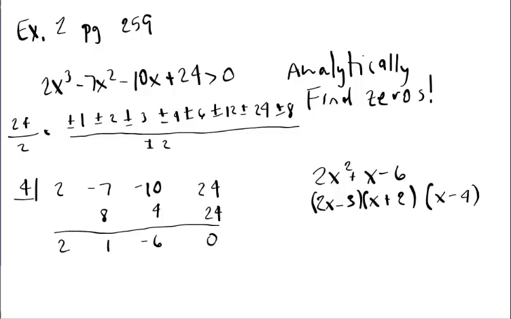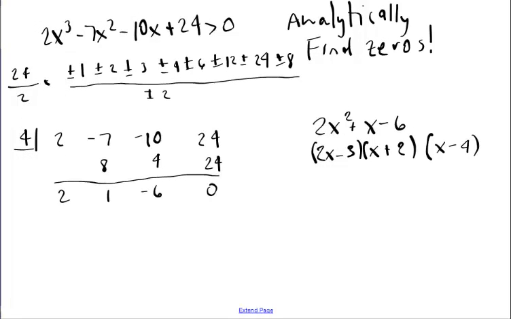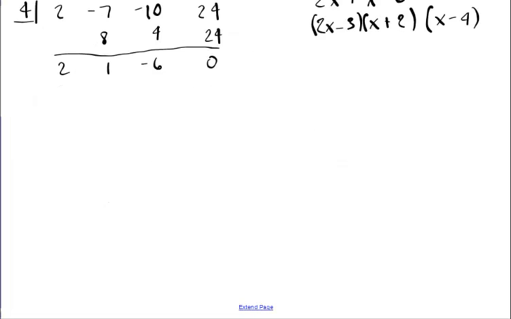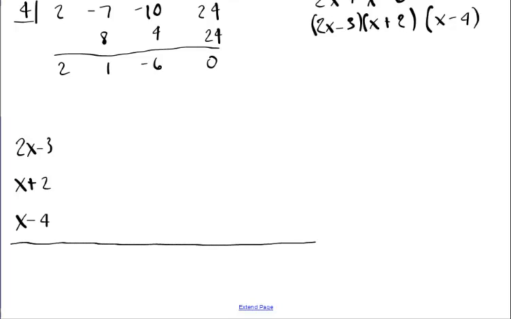So here are my 3 factors, and I want to know where this function is greater than 0. So make the sign chart again, and we'll use 2x minus 3, x plus 2, and x minus 4. And I want to know where my zeros are.